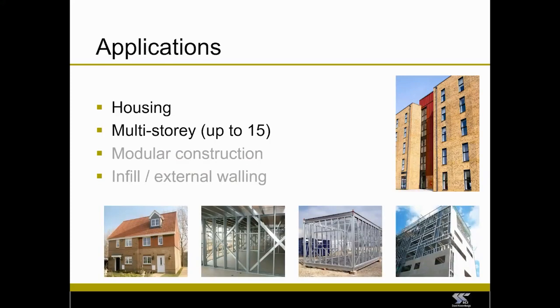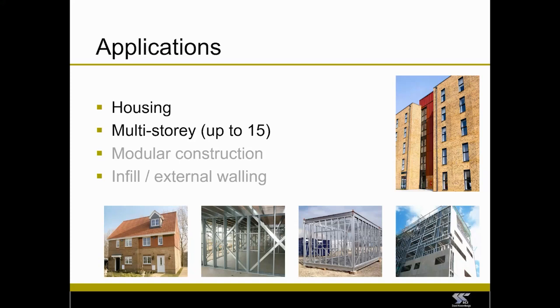So in terms of applications of light steel framing and how that might be used in real projects. Light steel framing, as it says on the slide and shows on the slide, can obviously be used for housing, can be used for multi-story, multi-occupancy dwellings and similar types of buildings. Anything up to sort of 15 stories can be built with light steel framing as the primary structural system.